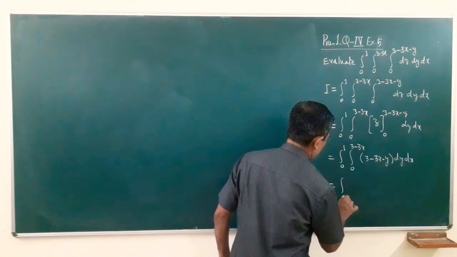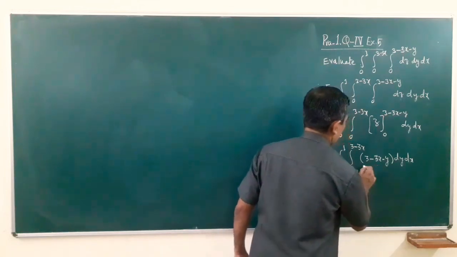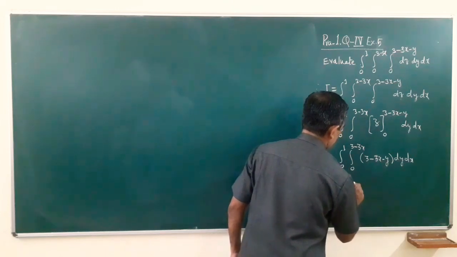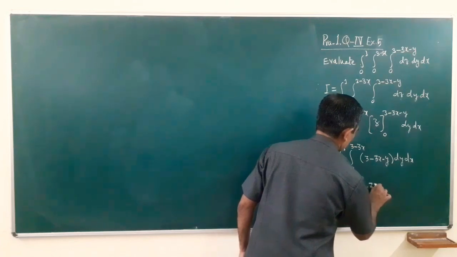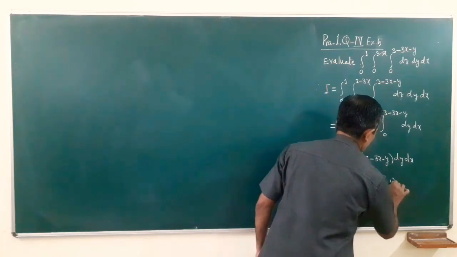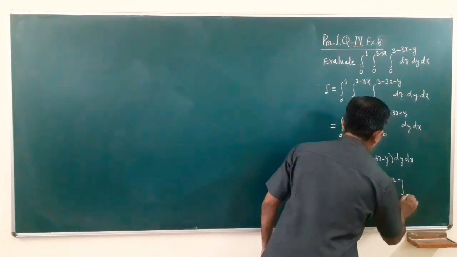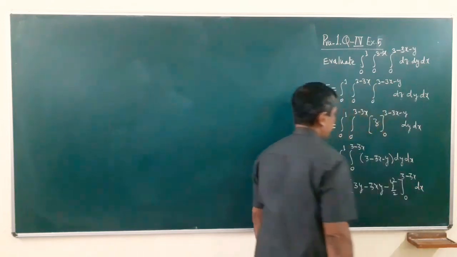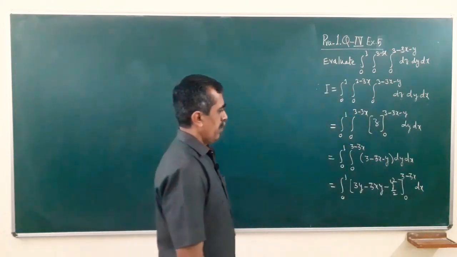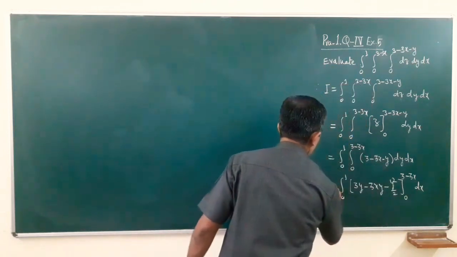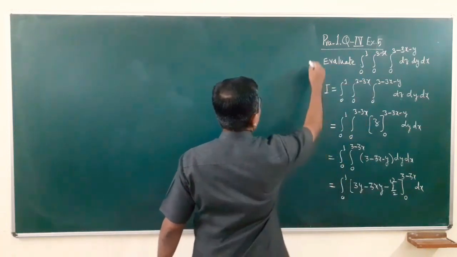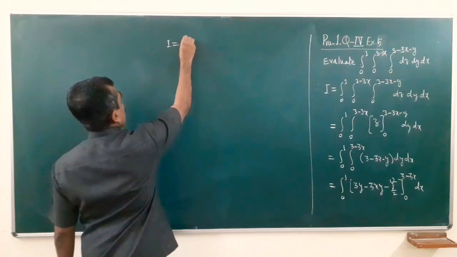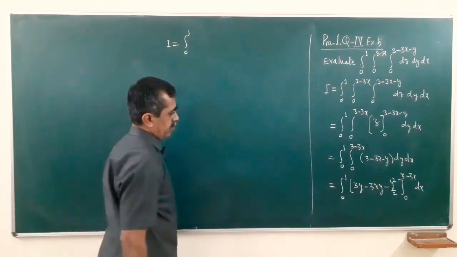So this equals integral 0 to 1. Now take the integral of this with respect to y. So this is, yes, 3y minus 3xy minus y square by 2, 0 to 3 minus 3x dx. Okay. So I is equal to integral 0 to 1.